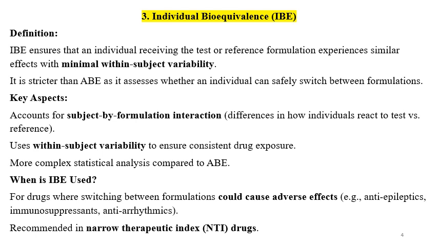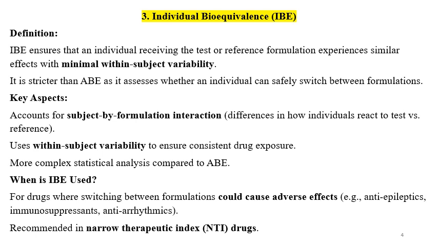It is IBE. The definition of IBE is that it ensures that an individual receiving the test or reference formulation experiences similar effects with minimal within-subject variability. So it is individual level bioequivalence. As we saw, average bioequivalence is among the group.